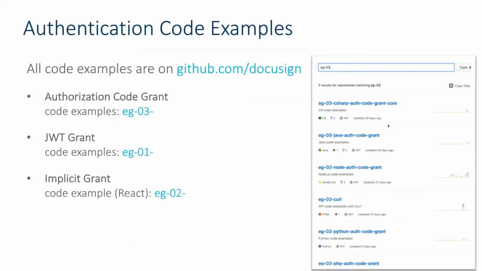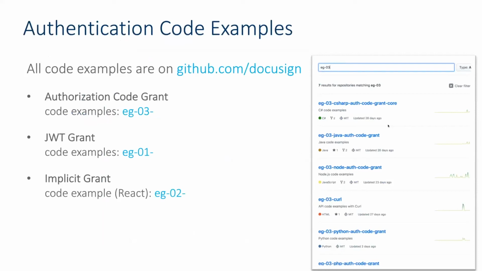We have many code examples that include the example code for how to accomplish the authentication. We have examples for authorization code grant and JWT grant, and we also have an example for implicit grant. For authorization code grant, the examples start with EG-03, to be more precise.